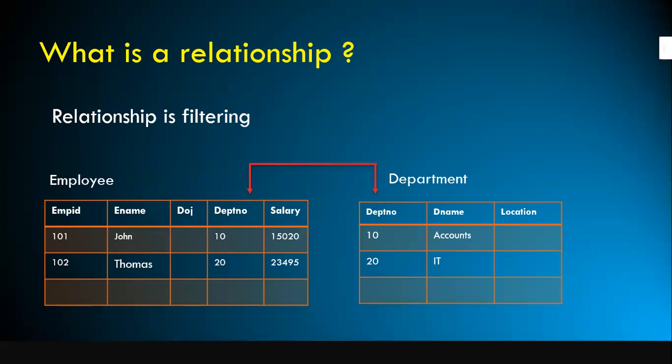So as part of data modeling, the relationship is very important. We need to make sure that we are linking the correct columns between the tables. In Power BI, we link the tables with a line. We link these two tables using department number. If we have a project number, we need to link this table with the project table's project number column.